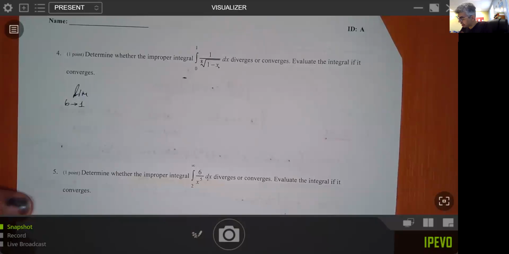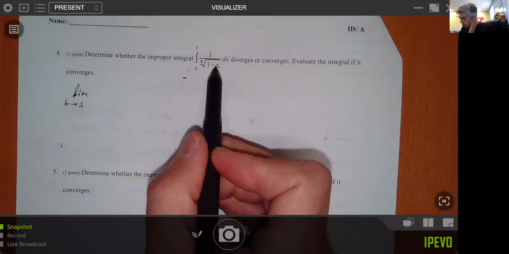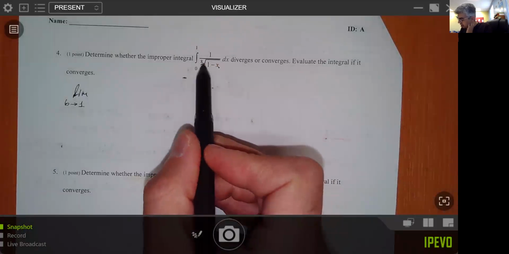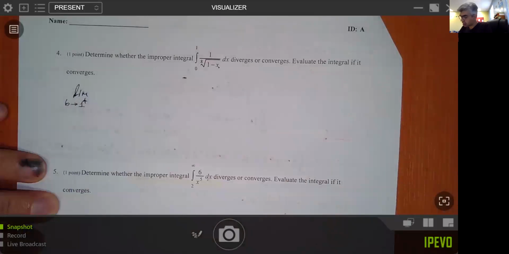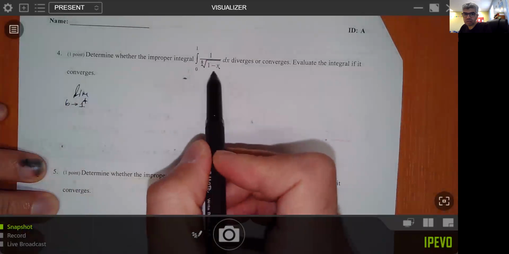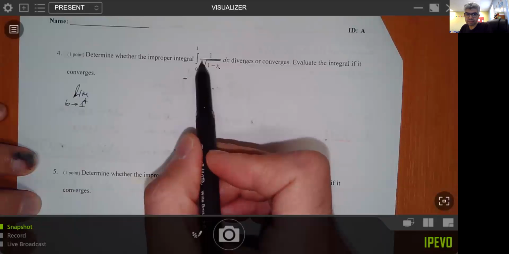It is 1 minus x. So if x approaches 1 from the left side, there will be a negative in the square root. Oh, yeah, it's an 8th-degree root. So we should approach it from the right side, since I must have a positive value in the square root or any even degree root.